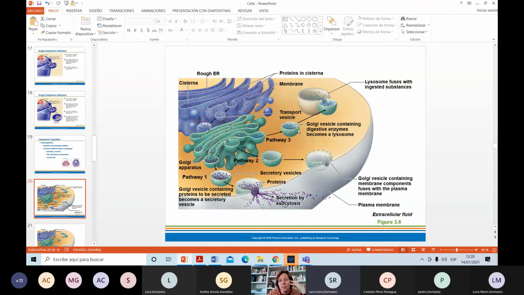So this type of vesicle is a lysosome. Do you need to know the mission of lysosomes? No, you don't. Just the mission of the nucleus, the ribosomes, rough endoplasmic reticulum, and Golgi body producing the vesicles.